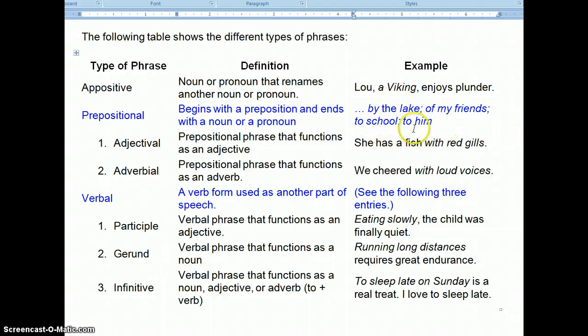So you would have a noun or a pronoun with a prepositional phrase, whereas with an infinitive you're going to have a verb, like to sleep, to run, to jog, to go, to sit, to believe. All right? We will continue to work on verbals, but make sure you can recognize phrases in sentences.